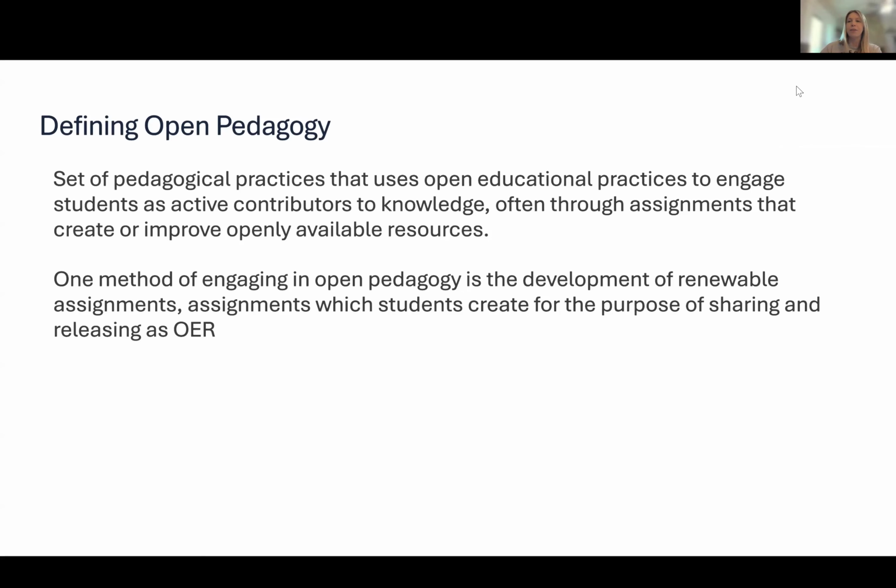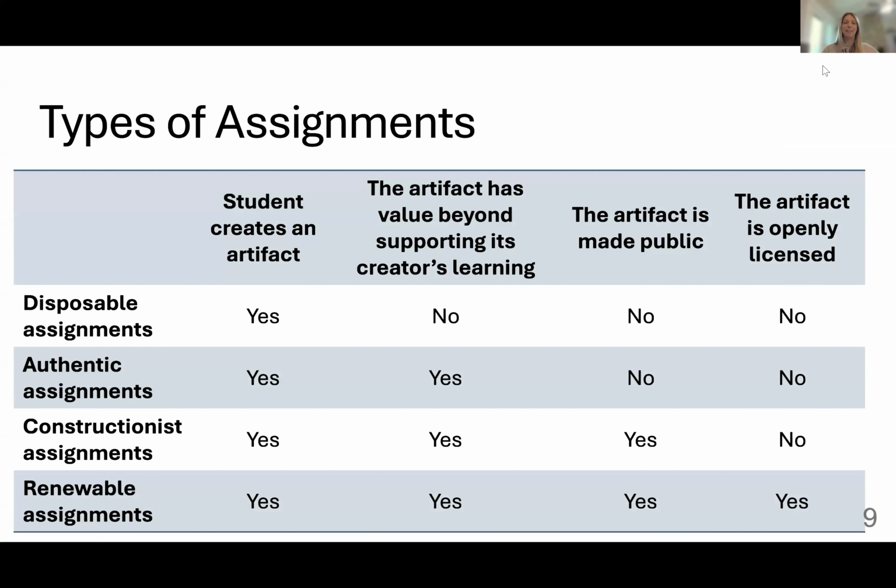Right. So this is just summarizing types of assignments. I don't know how useful it is to classify all of our assignments, but it is useful to look at this as a spectrum. A normal assignment, and there will be many of these within a class, is meant to assess and or promote learning.